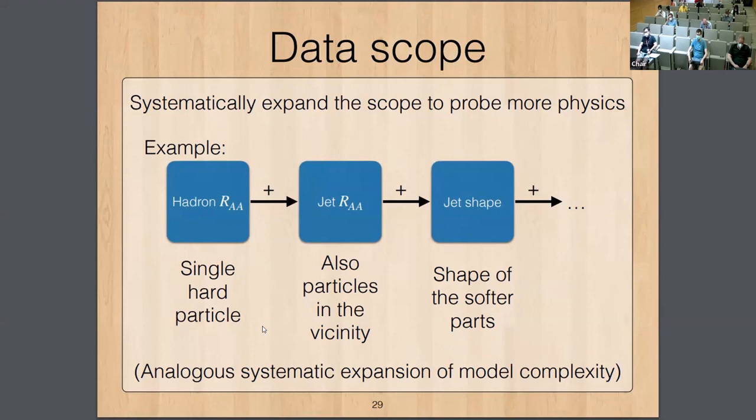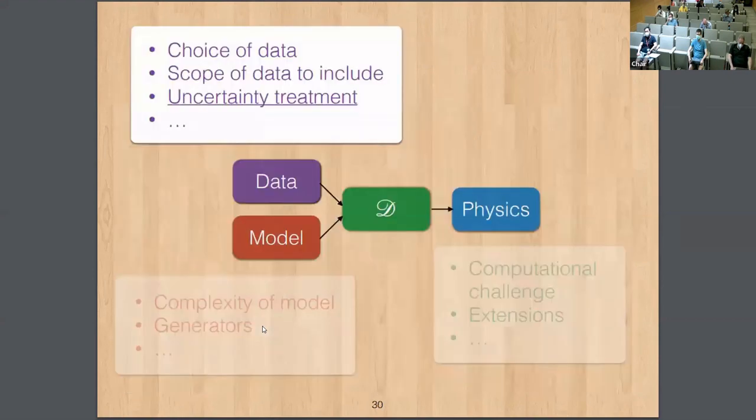And then, for example, jet shape, where we can look at the shape of the softer parts, and so forth. And at the same time as the increase in the scope of data, we should also increase the model complexity to encompass more and more of the physics in the modeling part of it.